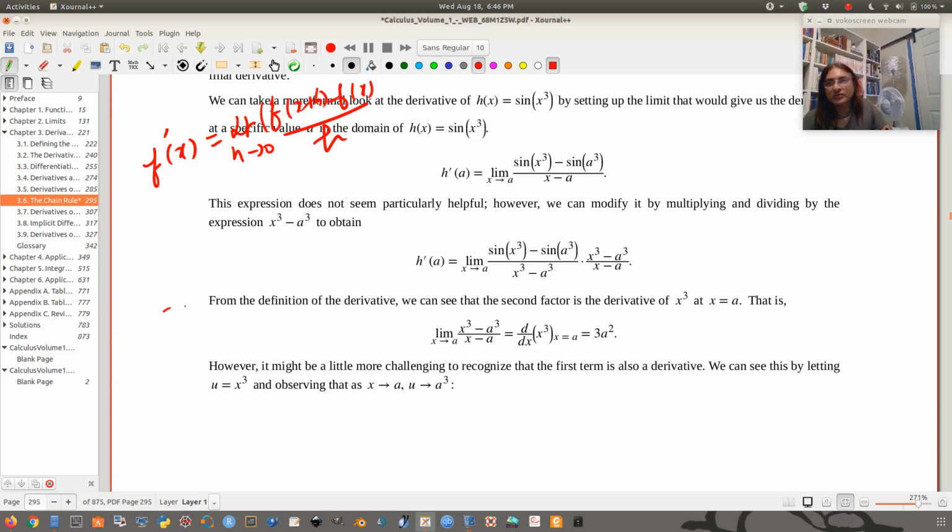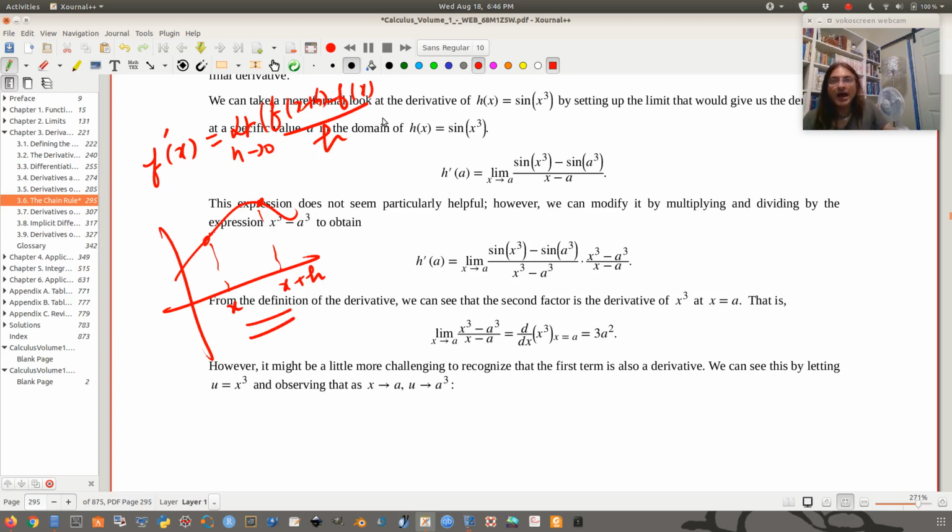This can be shown as, if this is x and this is x plus h, we take f of x plus h minus f of x over this distance, which is h in this case.